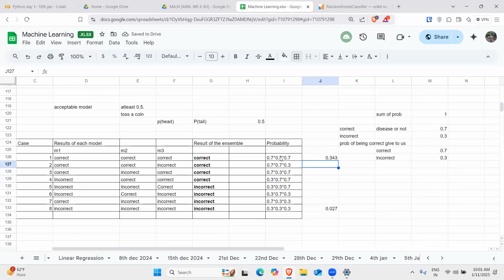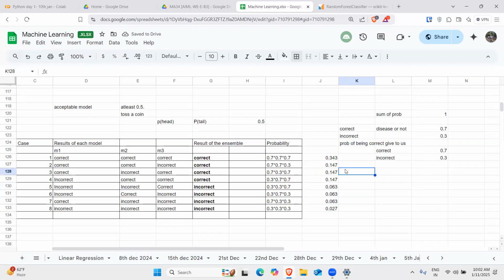And this will be 0.7 into 0.7 into 0.3 will be 0.147. It will be the same, and here it will be 0.3 into 0.7 into 0.3, 0.063. Oh, sorry, for this also it is 0.063. So that's what your output will be.